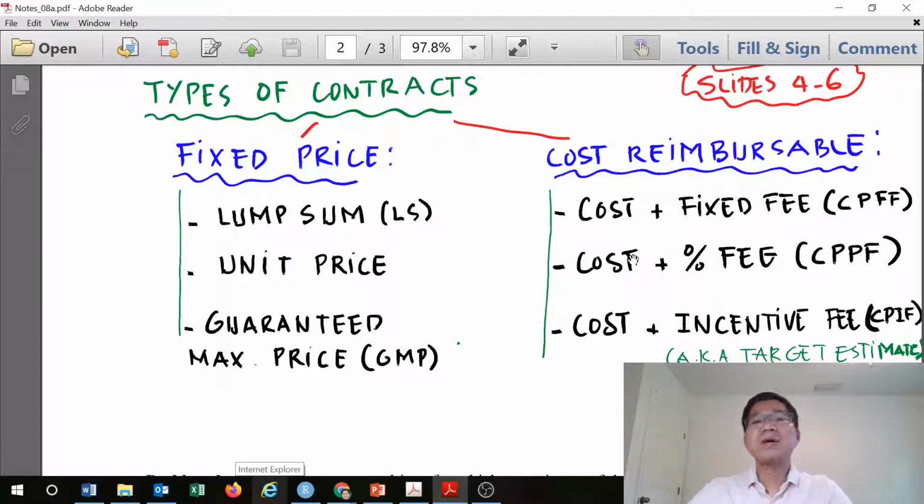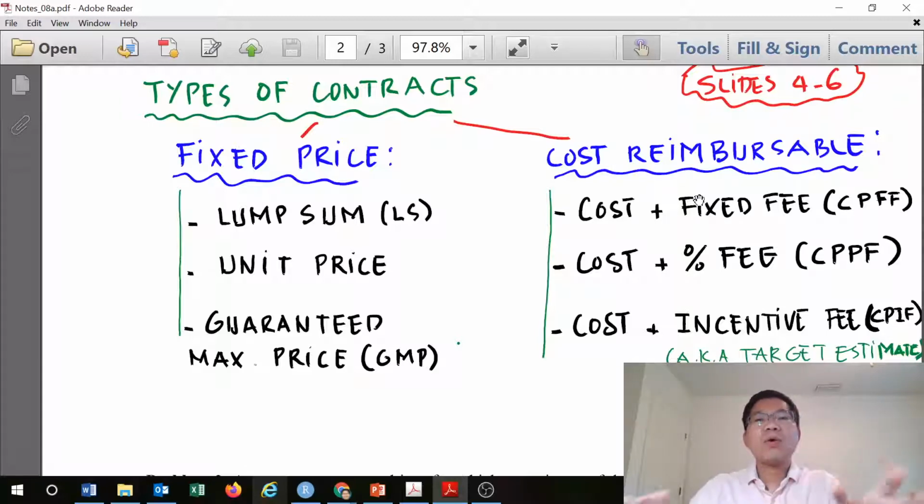On the other side, cost reimbursable also has 3 types. The first one is cost plus fixed fee, CPFF. You can see cost, so whatever the cost spent will be reimbursed, all of it.